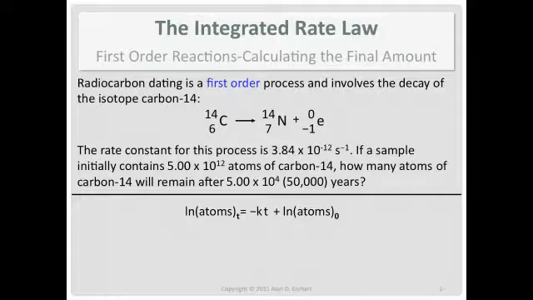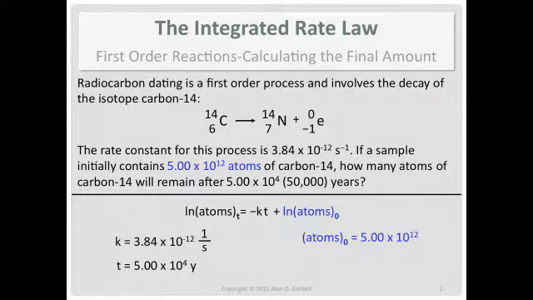Well, let's see what the problem gives us so we can figure out what we need to calculate. Do we have the rate constant? Yes, we do. Do we have the time? Yes, we do. 50,000 years. And do we have the initial atom count?